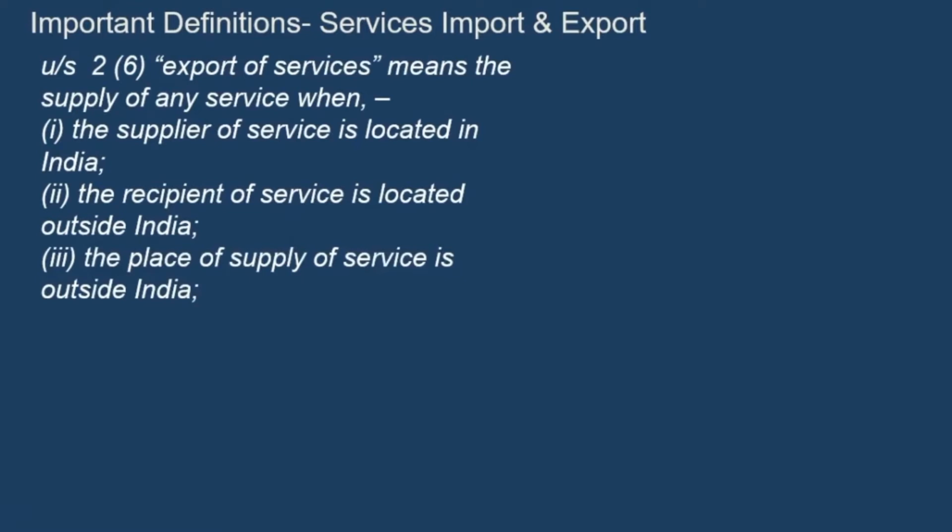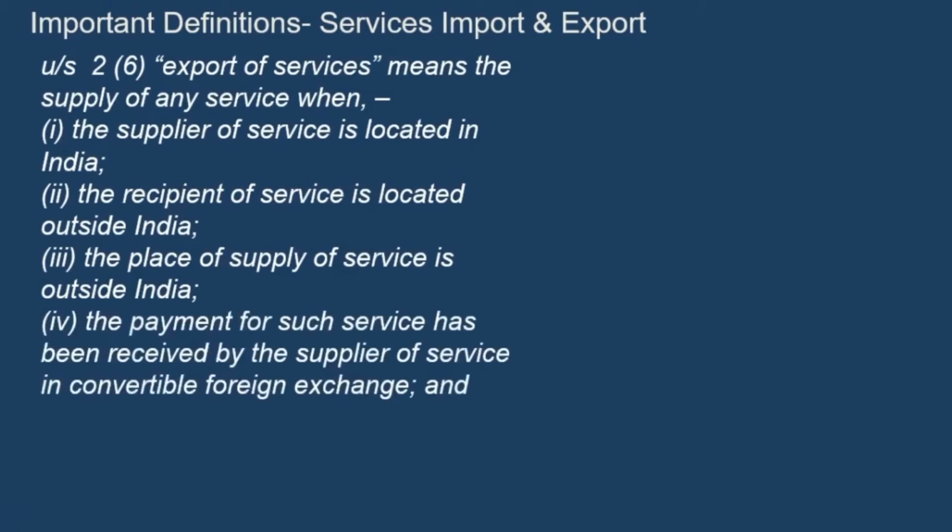Now what is this place of supply of service, we will discuss in great detail later on. Place of supply of service is outside India. Number four, the payment for the services has been received by the supplier of service in convertible foreign exchange. So the person is making you the payment in convertible foreign exchange.